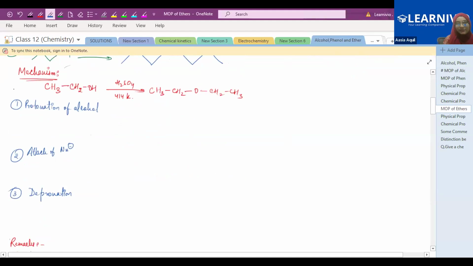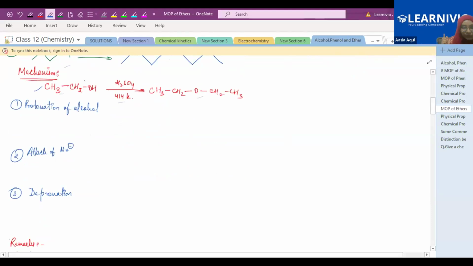So first step, suppose this is your reaction. CH3CH2, we are just taking ethanol, in the presence of H2SO4 at the same temperature, 414 Kelvin. So it will give you a substituted product, a symmetrical type of ether. The first step will be the protonation of alcohol. In the first step, what happens? There will be a protonation of alcohol.